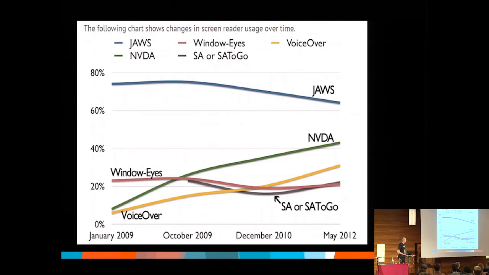So here you see the usage of screen readers, and it clearly shows that JAWS is on the way down. It looks like Internet Explorer. And NVDA and VoiceOver are on the way up. VoiceOver, you may know, is from Apple for macOS and for iOS.